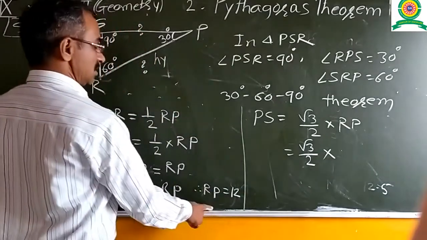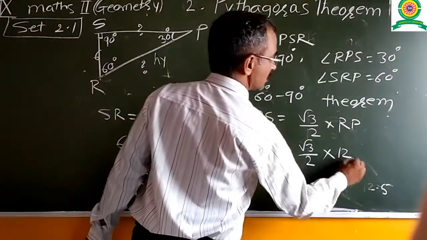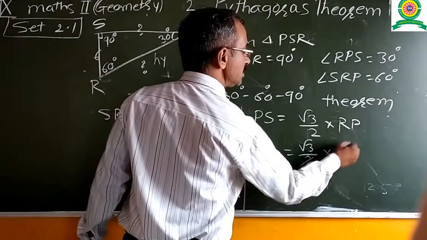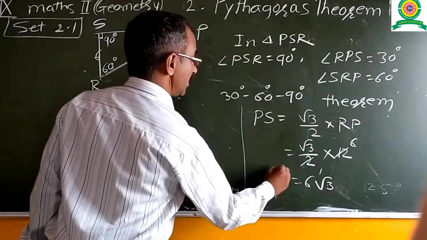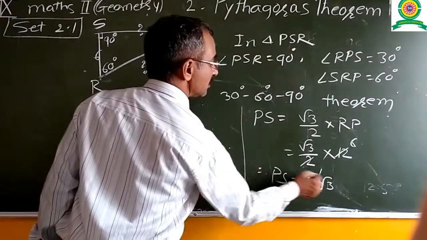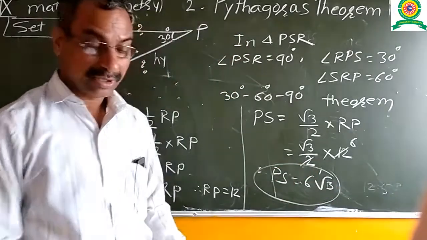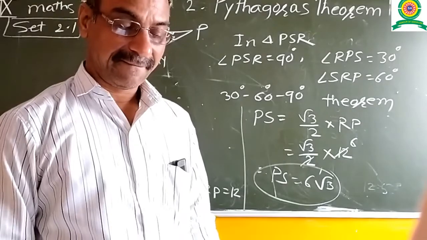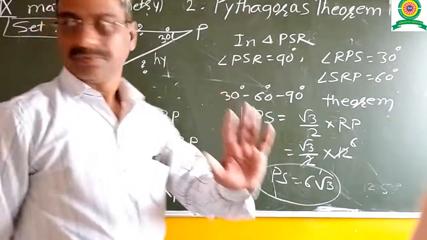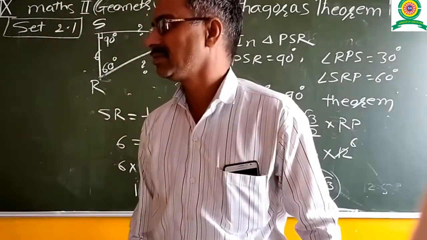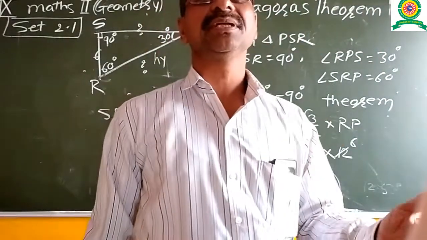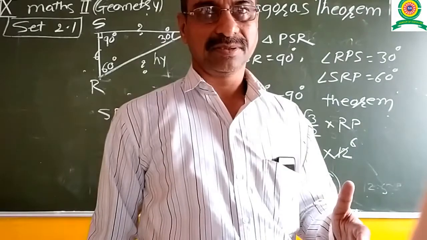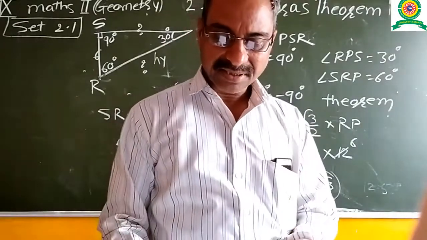RP's value we just got is 12. So 2 1s are 2, 2 6s are 12, so the value of PS is 6√3. So by using the theorems of Pythagoras, we are solving these sums.